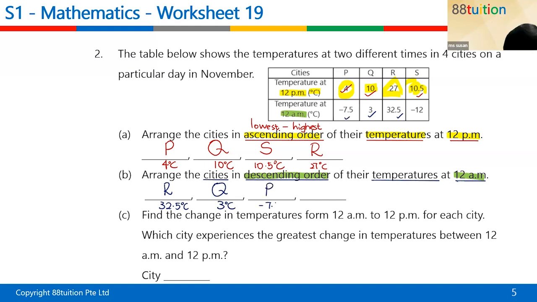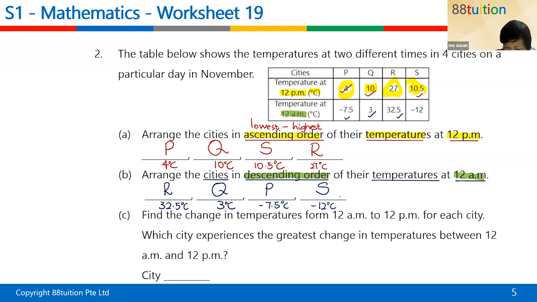Why? Because 7.5 below zero is cold, right? Very freezing cold. S is the worst one. It's the coldest, negative 12. Well, I tell you, when you go there, you can't even drink water. It becomes ice immediately. So it's very difficult to live in such low temperature places.